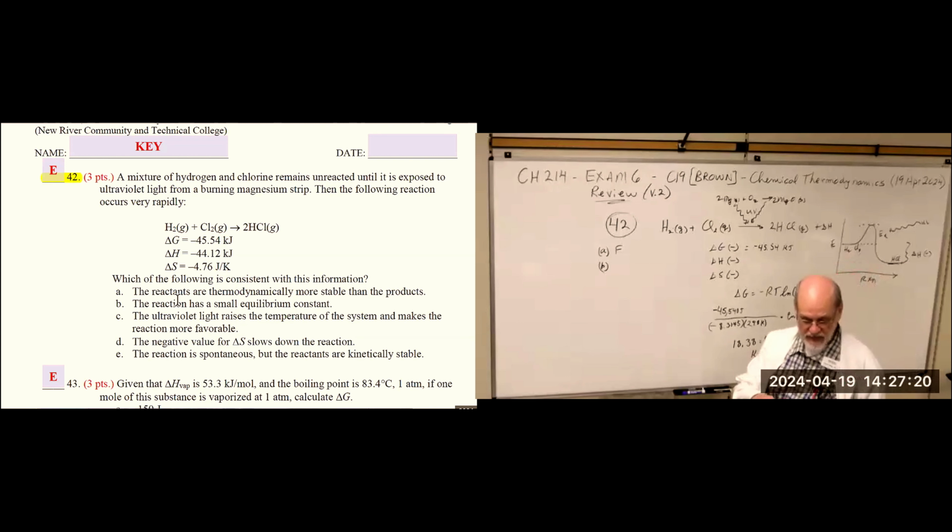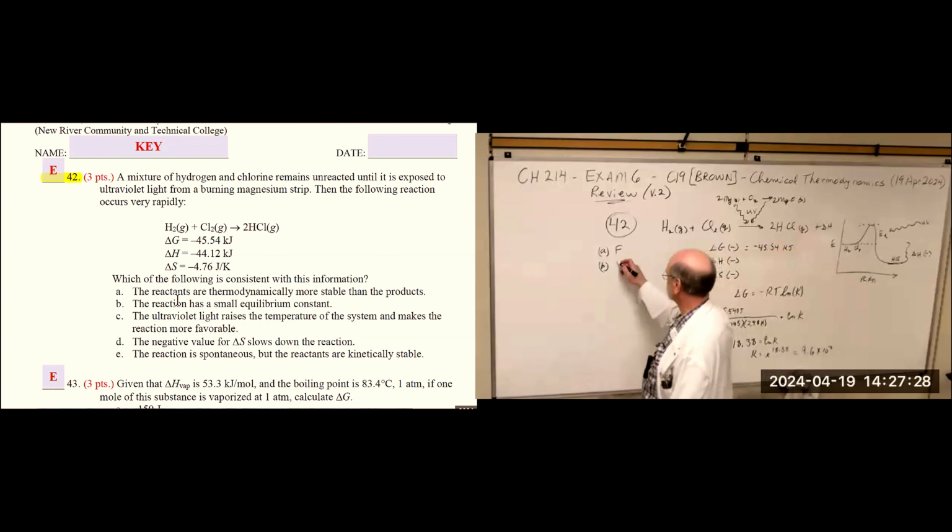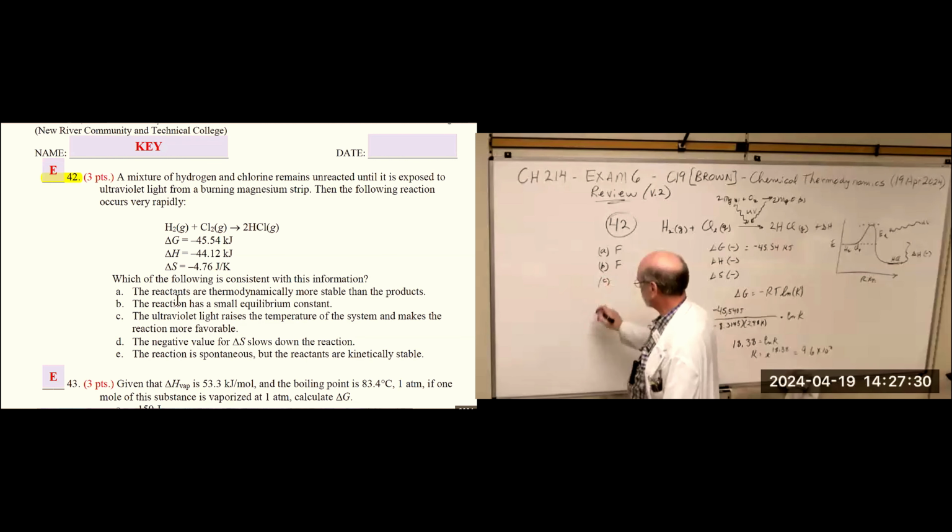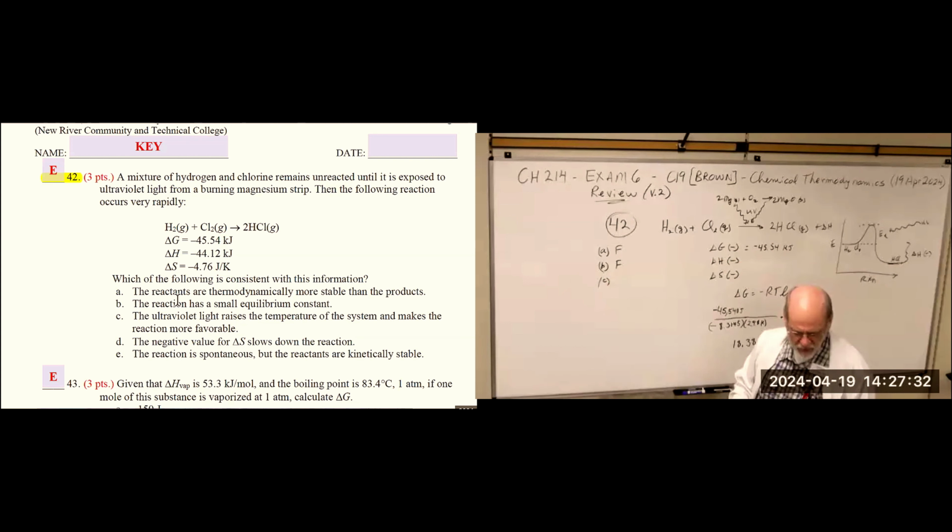So if it says the reaction has a small equilibrium constant, it actually has a huge equilibrium constant. All right, so this one's false. Next: the ultraviolet light raises the temperature of the system and makes the reaction more favorable.